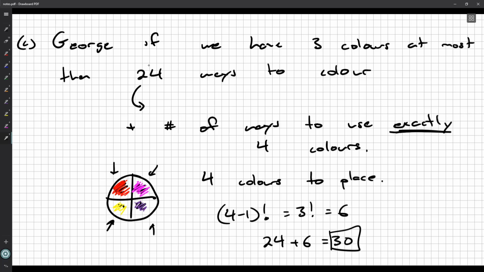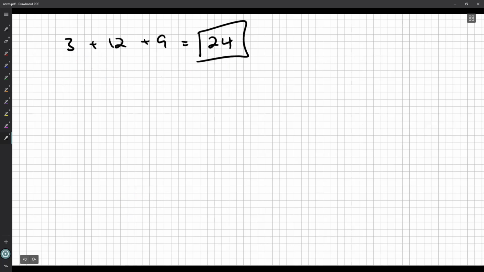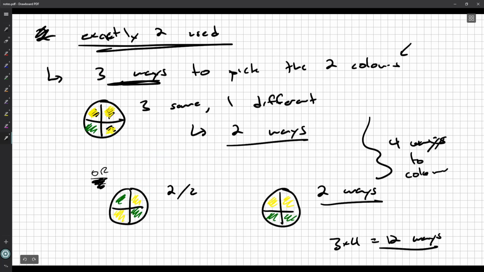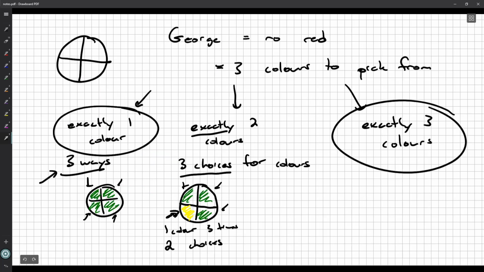We used our knowledge of what George did. But George had to have 3 colors. Okay? But which 3 colors did he necessarily have access to? Right? So if we go back and reconsider George's problem, if he used exactly 1 color, we're saying he had 3 ways to pick that color. But a kid who isn't George would have had 4 ways.